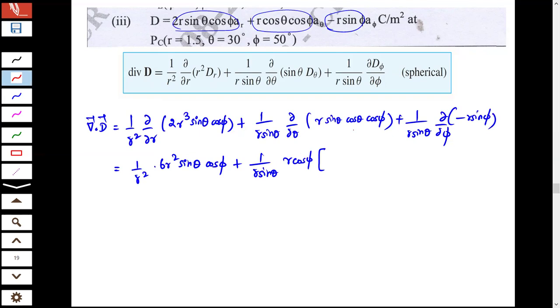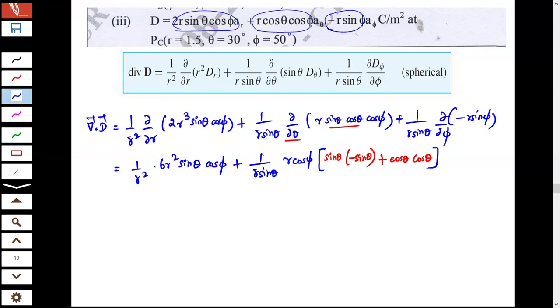Now differentiation of sine theta multiplied with cos theta with respect to theta will give, we can do UV rule of differentiation, that is U multiplied with differentiation of V, which is cos theta differentiation is minus sine theta, plus V multiplied with differentiation of U. Differentiation of sine theta is cos theta.